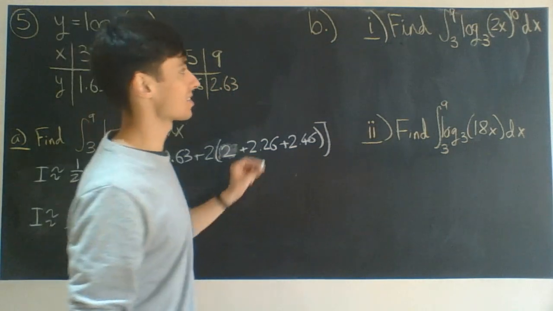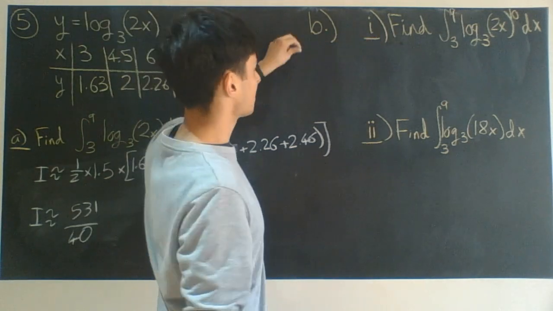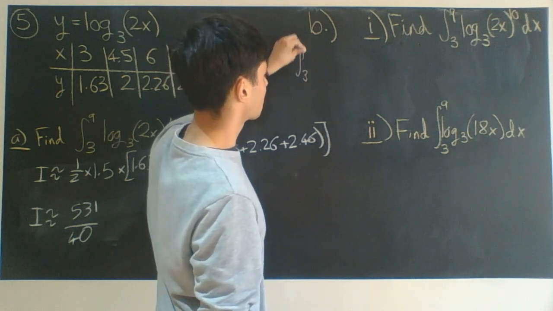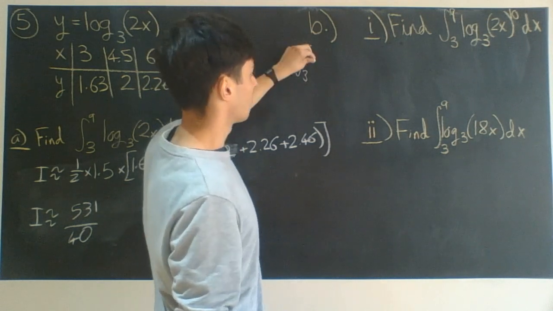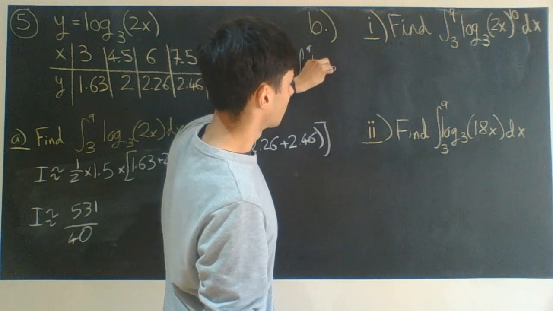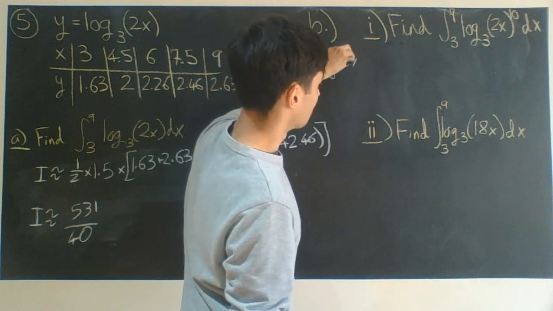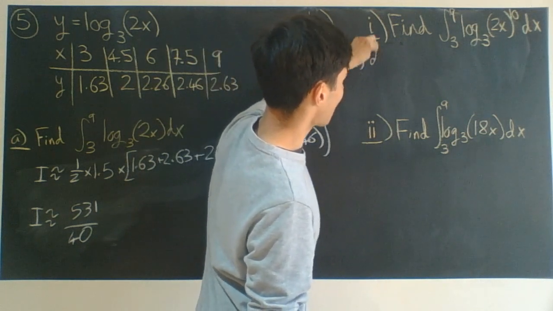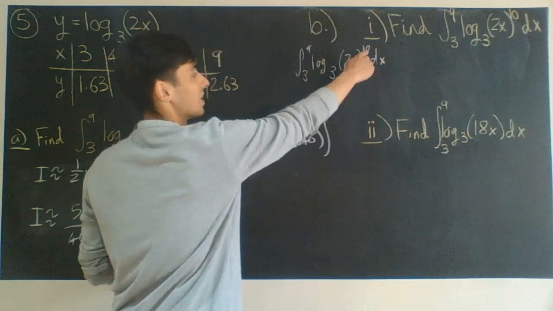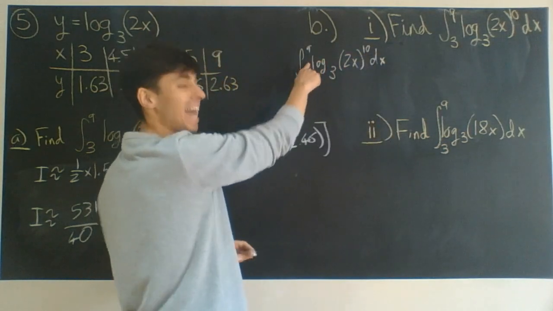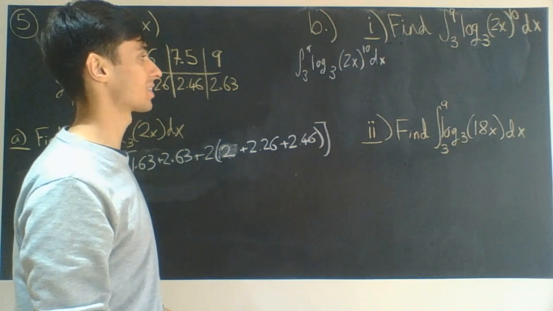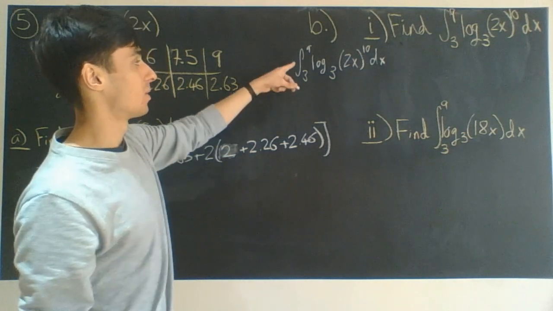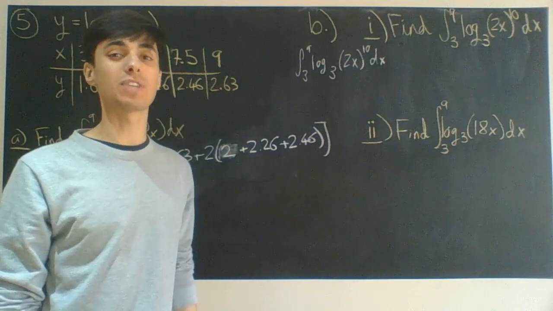So what we could say is this integral here between 3 and 9 of log 3 of 2x to the power of 10 dx. Well, this 10 could come down to make it 10 log 3 of 2x, but actually it can come out the front of the integral.